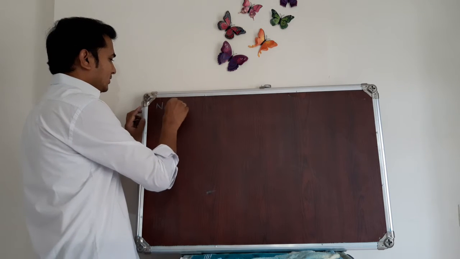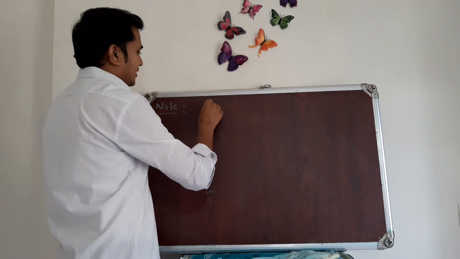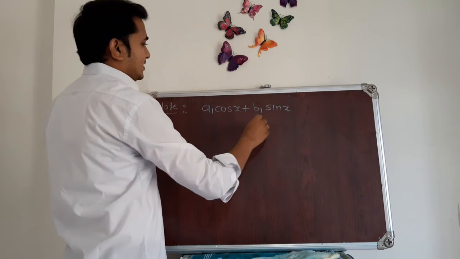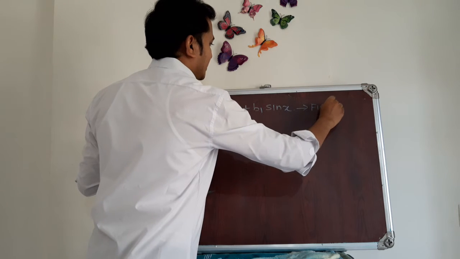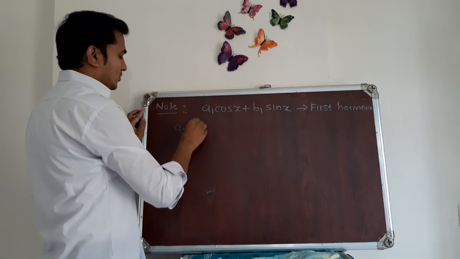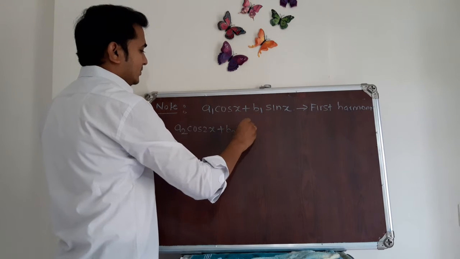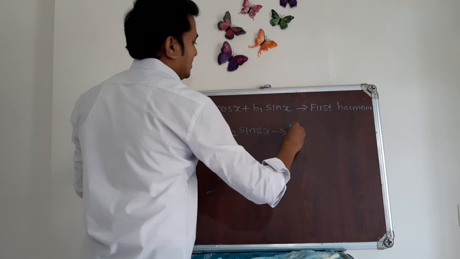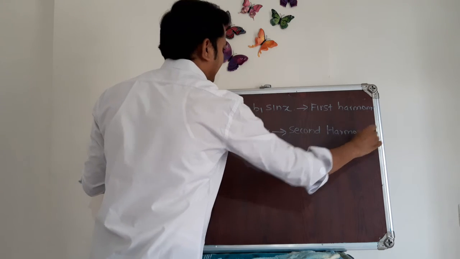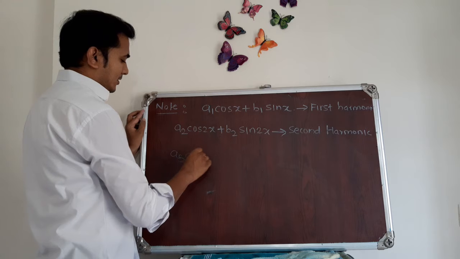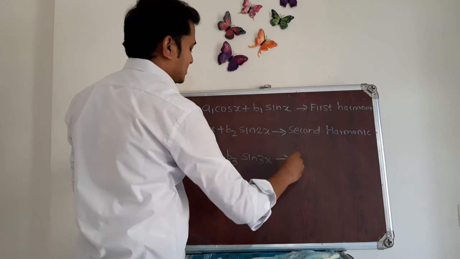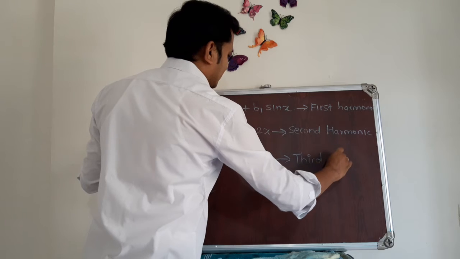Let me put into a note that a1 cos x plus b1 sin x is called the first harmonic. a2 cos 2x plus b2 sin 2x is called the second harmonic, and a3 cos 3x plus b3 sin 3x is called the third harmonic.